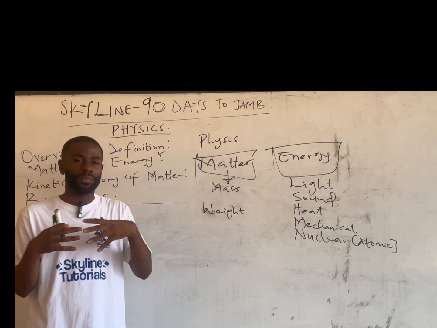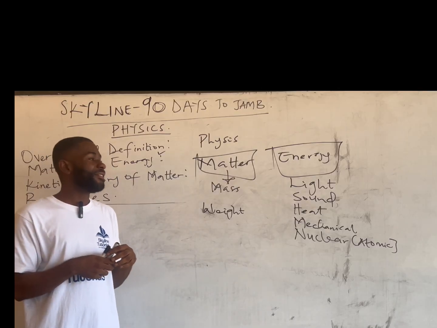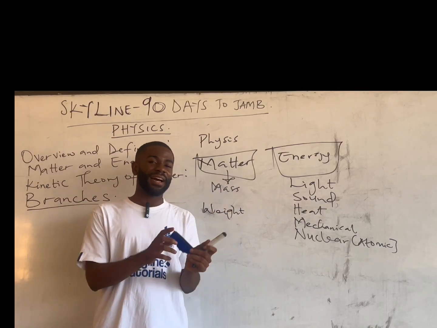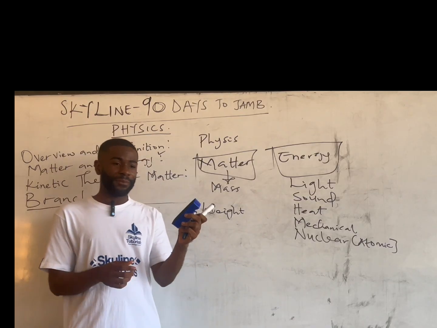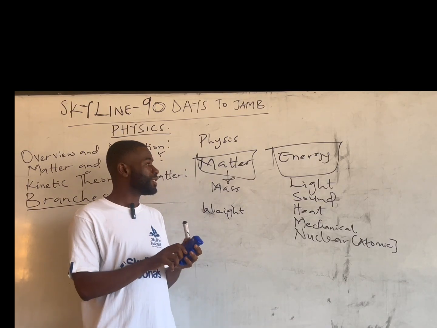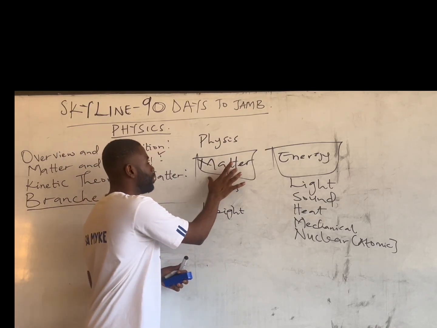How much matter a body has is its mass. Take note of that. So if this marker, for example, has more matter than this duster, you get to realize that it will have more mass than this. So note that mass is the quantity of matter contained in a body.